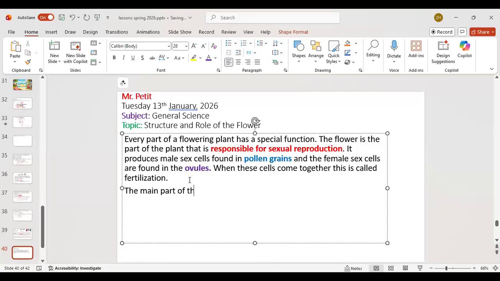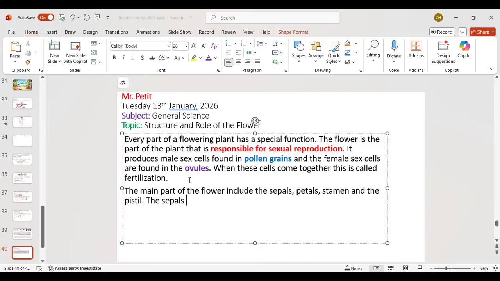So the main parts of the flower include the sepals, the petals, the stamen, and the pistil. The sepal's job is to protect the flower.